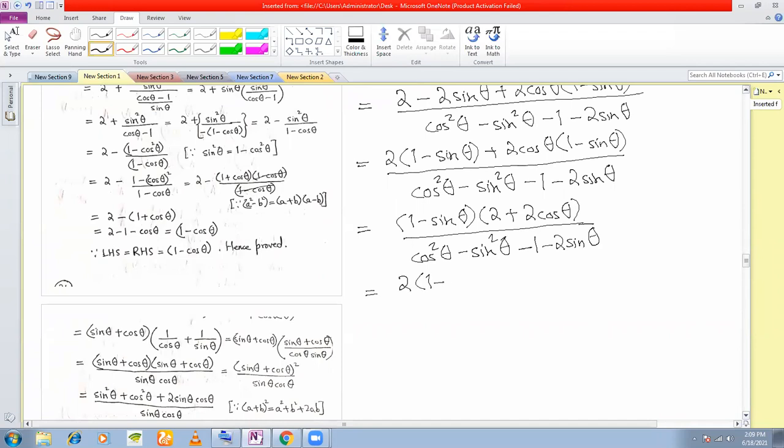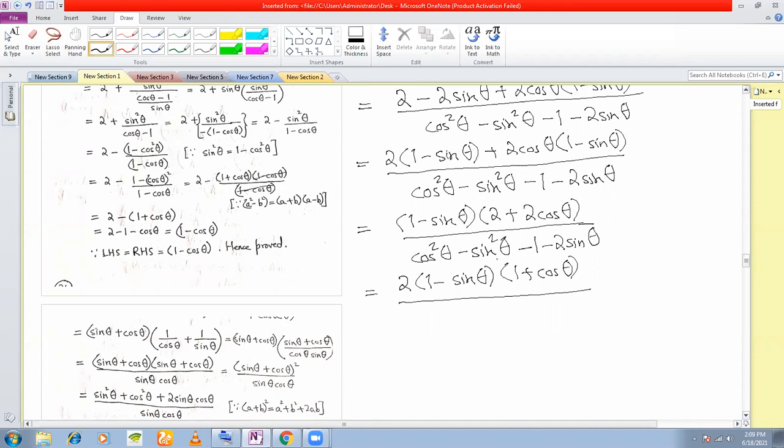Twice (1 minus sin theta) into (1 plus cos theta), right? So see, in the numerator, I'm getting two factors, 1 minus sin theta and 1 plus cos theta. 1 minus sin theta is there, right? So now, how will I adjust the denominator?